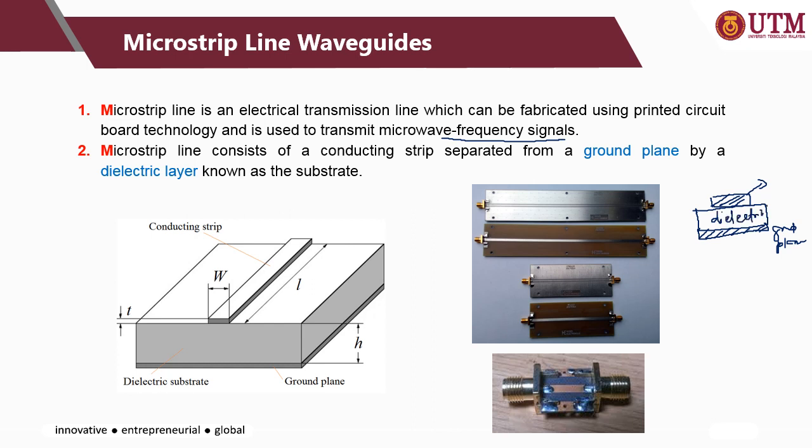The dielectric material could be the FR4 board, the standard PCB board, the Rogers, or even textile material, depending on the application. And inhomogeneous means that the material above here is air. It has a different relative permittivity or dielectric constant compared to the dielectric material.